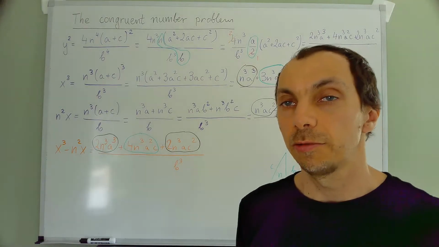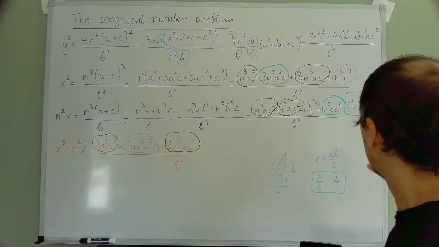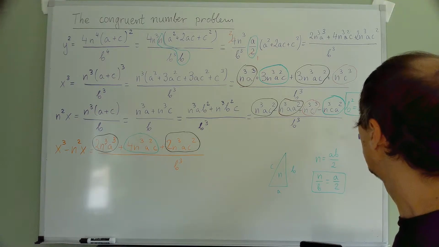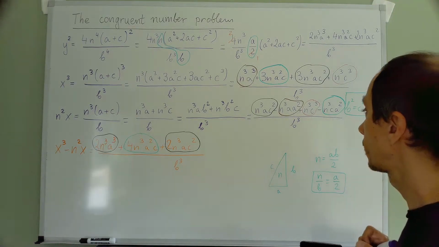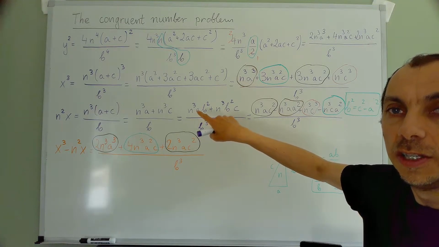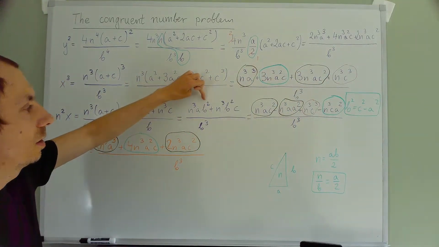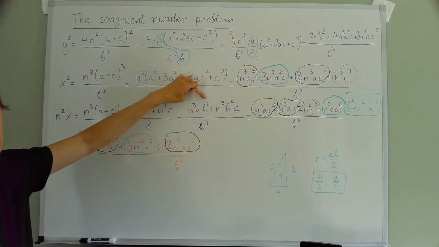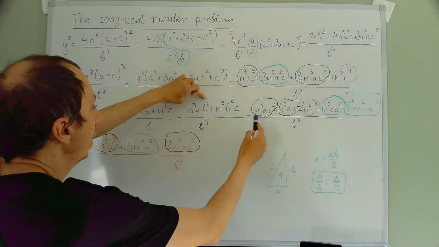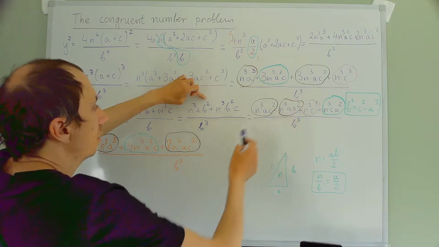Okay? But remember that a, b, and c are sides of a right triangle. So that means b squared is equal to c squared minus a squared. So in fact, everywhere I see a b squared, I'm going to plug in c squared minus a squared. So if I do it here, if I replace this b squared by c squared minus a squared and multiply it out, I get n cubed a c squared minus n cubed a cubed.